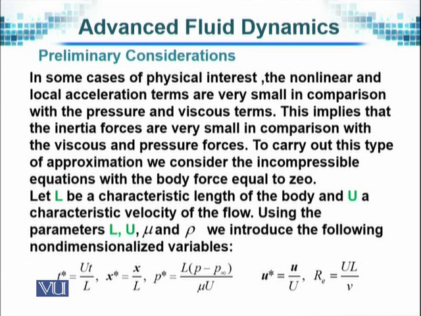So for time, we write t star equals Ut over L. And you know the dimension of velocity U is distance over time. So length is a distance, time is a time, and if we multiply U by time over length, it will be a non-dimensional number.